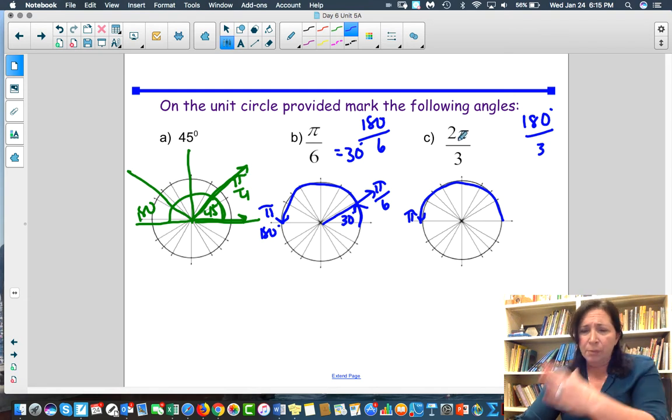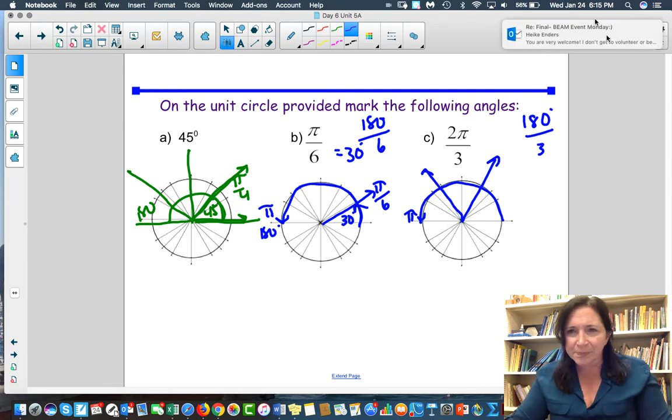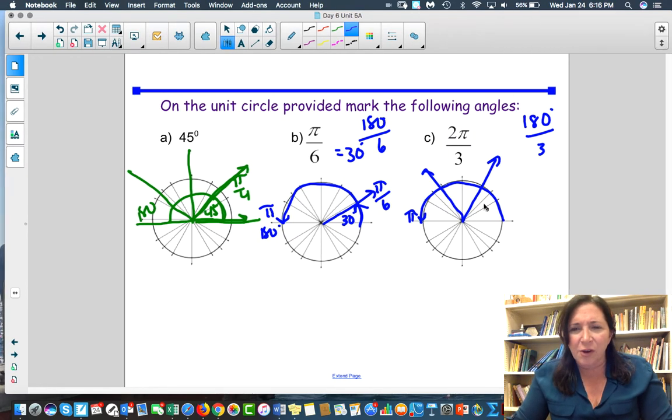So we know that we're breaking these up into 60 degree intervals. Like here's 60 degrees, and then another 60 degrees here, and then another 60 degrees. And so when you're doing this, you're going to get 2 pi over 3.